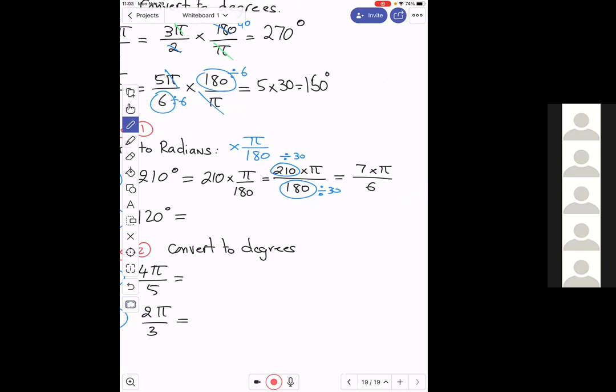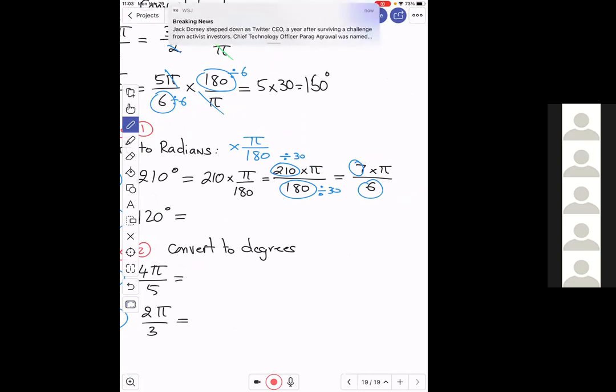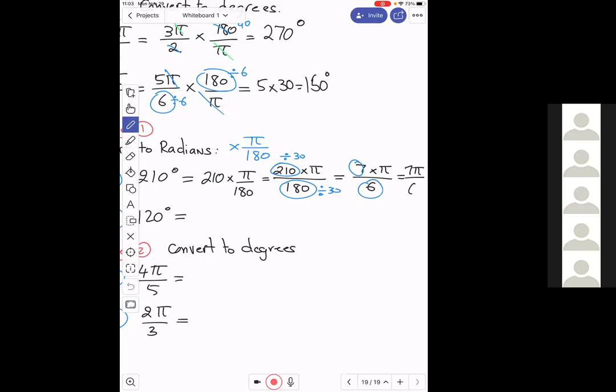So the final answer is 7 over 6, and you cannot reduce 7 over 6 because the only common factor of 7 and 6 is 1. So the answer is 7 pi over 6. Don't divide 7 by 6. Just keep the fraction 7 over 6.